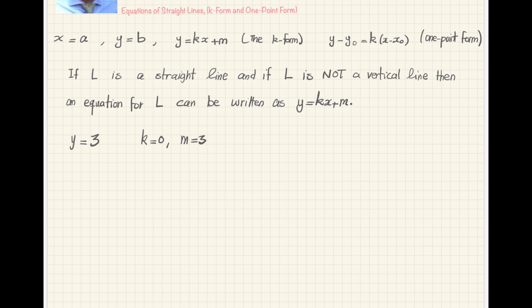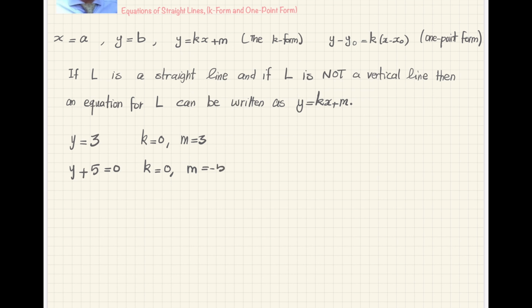If I replace k with 0 and m with 3, this equation turns into this equation. Is it clear? If I put k equal to 0, this is gone.